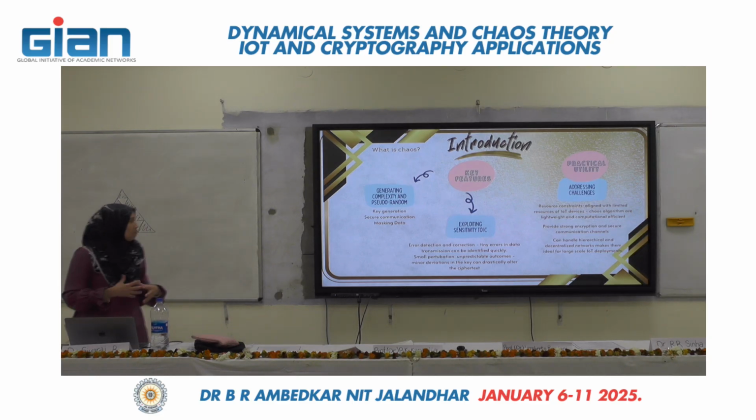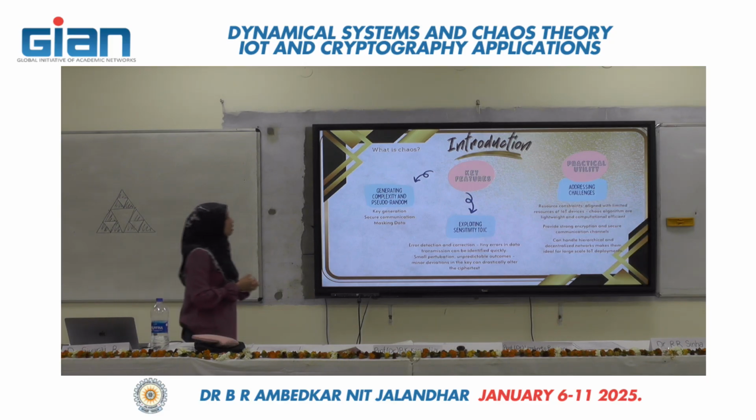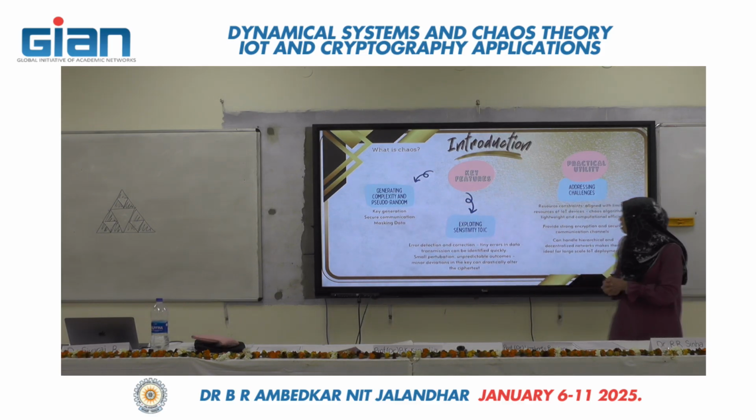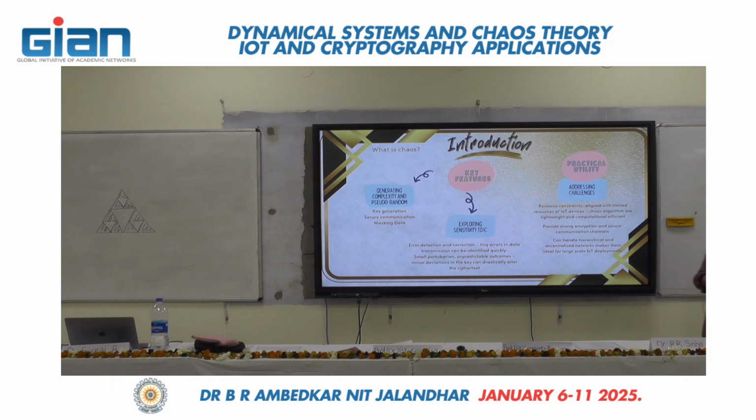So there are many practical utilities that can be done in cryptography and IoT, because whenever we talk about IoT, it should be less computationally heavy. It should be lightweight with computational efficiency. Chaos algorithms can provide this, because whenever we have a chaos algorithm, the computation is very easy and not that heavy.